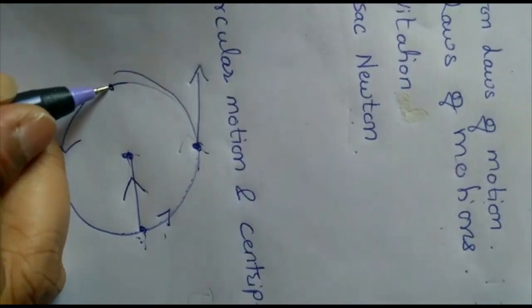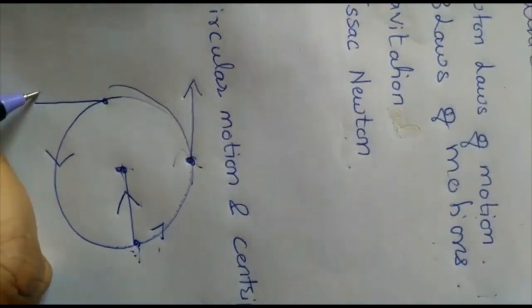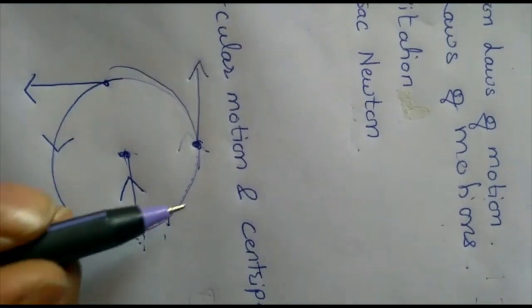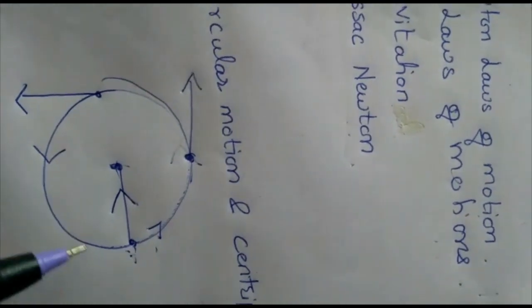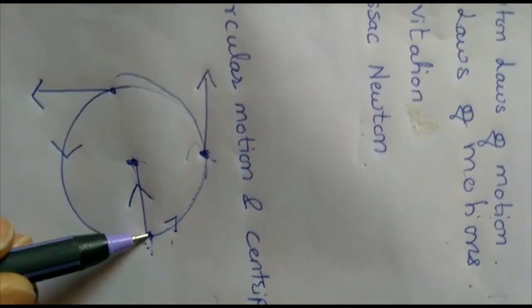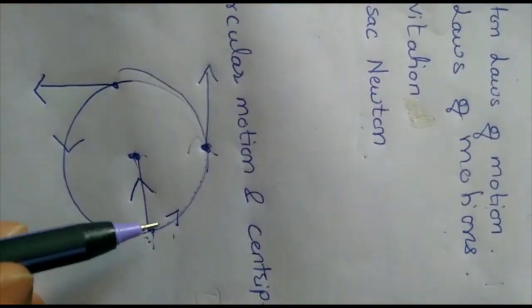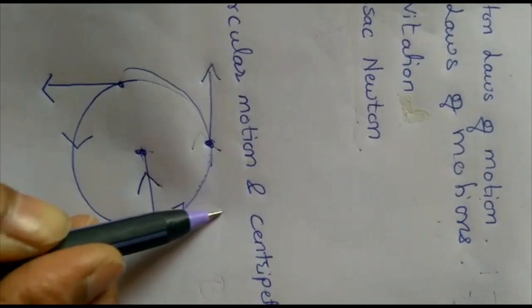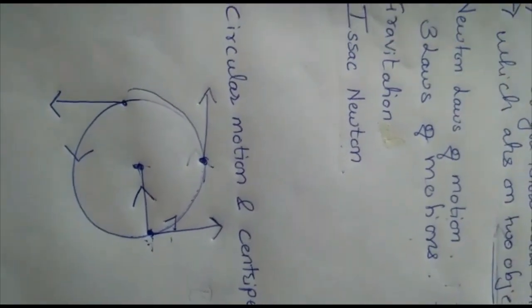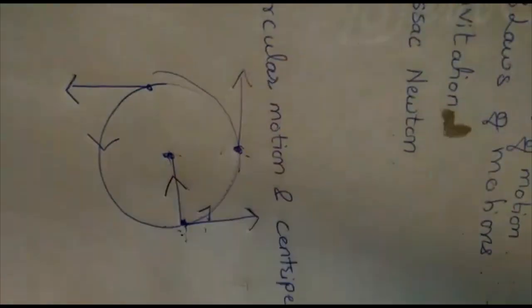If you take this point, the velocity will be in this direction. The velocity changes at every point, but when the stone flies off, it will move in the tangential direction, which is the direction of its velocity.